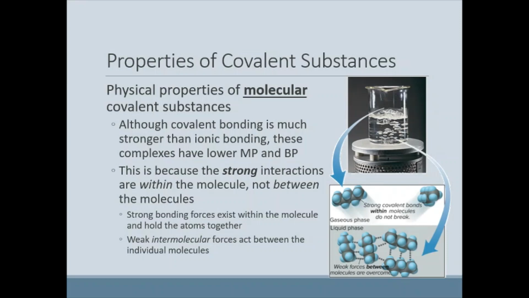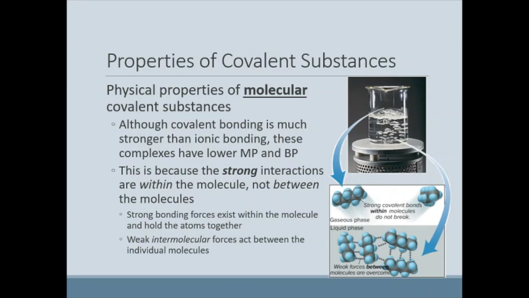In these cases, the interactions between all these atoms are much stronger than the ionic interactions, and therefore these things are not going to be as easily separated, in terms of molecular strength versus ionic strength.